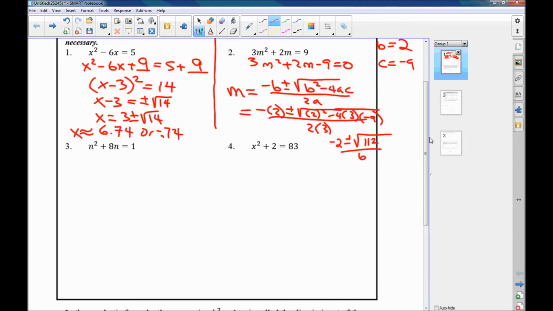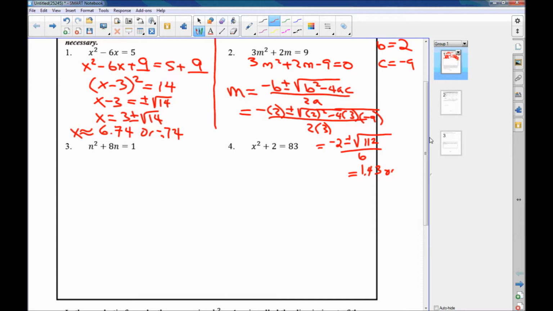Okay, in this case, we go ahead and type into our calculator to get our 2 answers. -2 plus the square root of 112, and then we can hit enter and divide that answer by 6. This gives me 1.43 for my first answer. And then we do -2 minus the square root of 112.